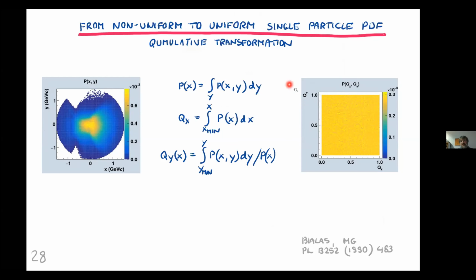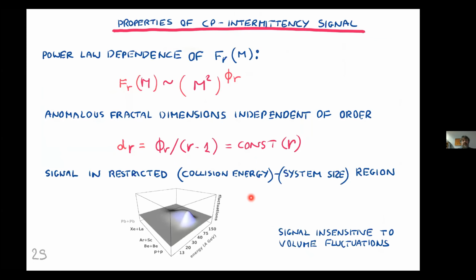This transformation goes through the probability density function of Px, Py, but I will not spend a longer time on this. So we make this trick in the analysis, we transform to a uniform distribution.